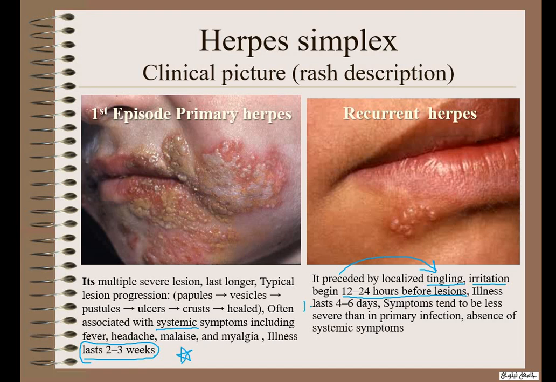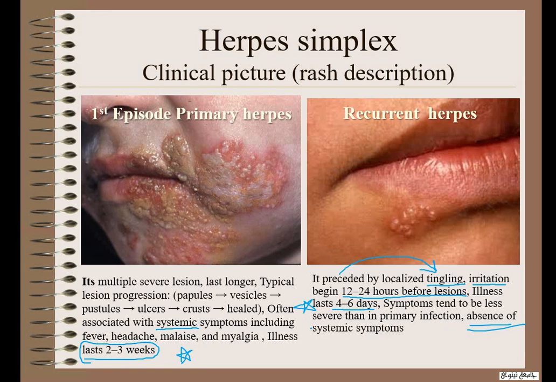The clinical manifestation is presented as multiple grouped vesicles on an erythematous base. It usually lasts 4 to 6 days. Symptoms tend to be less severe than the primary, and usually the patient has no systemic manifestation.